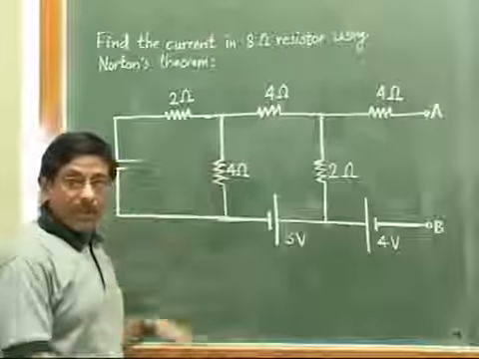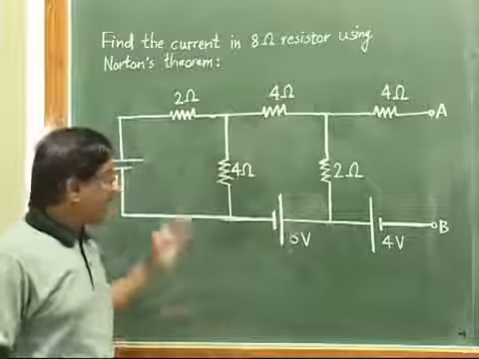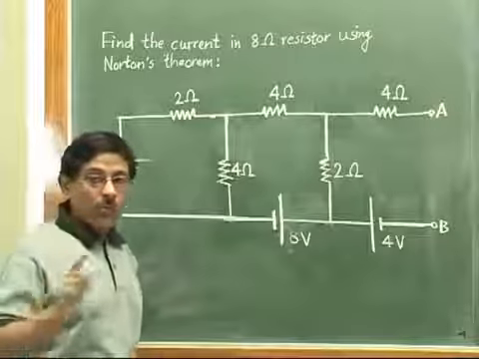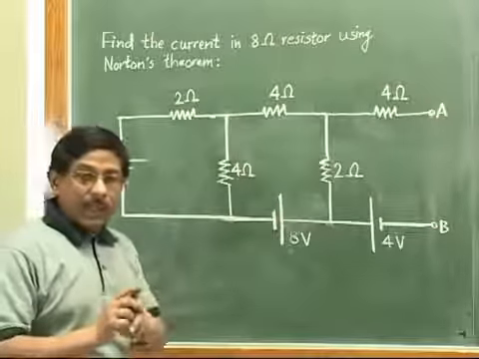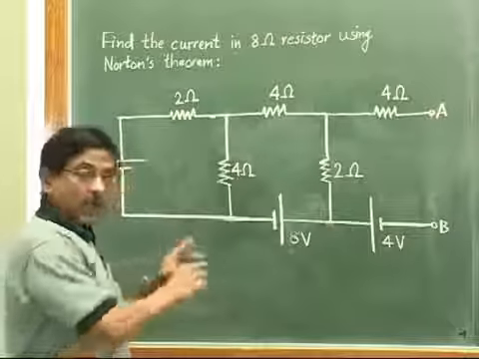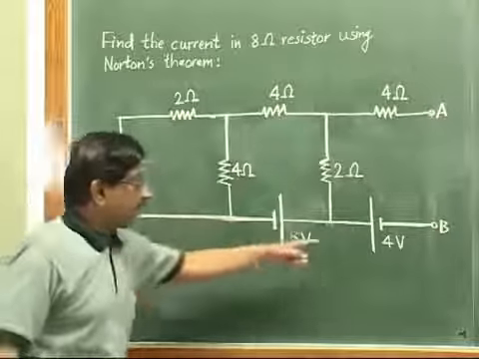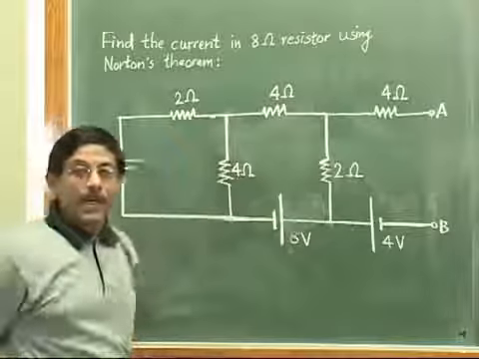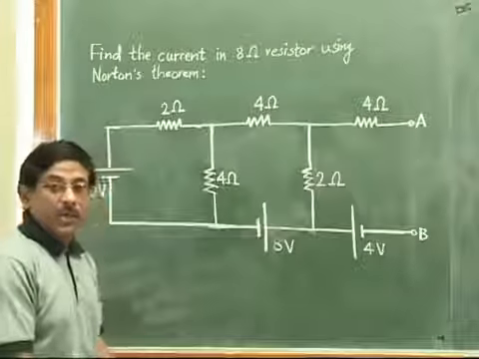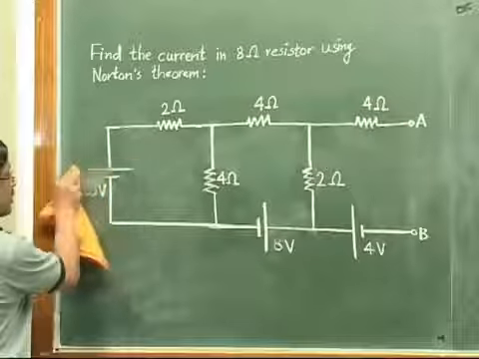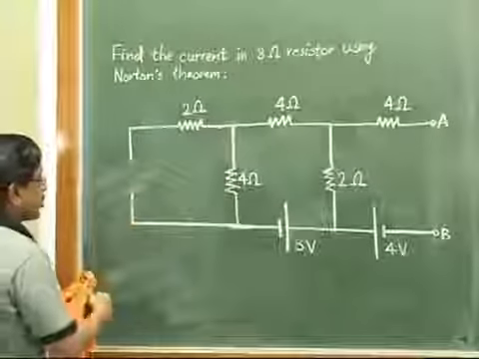Now here in this problem, no current source is there, all are voltage sources. So what is the rule for voltage sources? If they are ideal, then they should be replaced by a short circuit. So we have three voltage sources, here, here, here. All of them are ideal sources. That's why we have to replace them by just a short circuit. So this 20 volt source will be shown like this, a short circuit here.